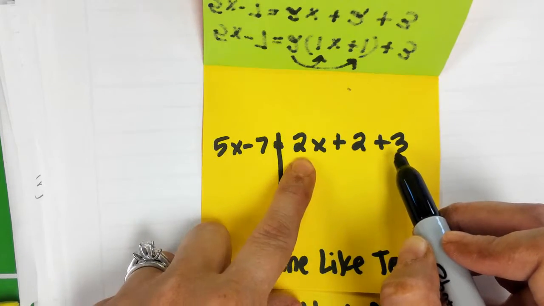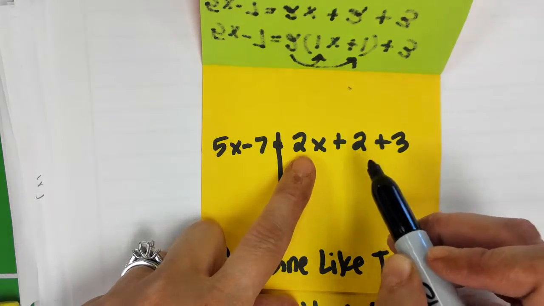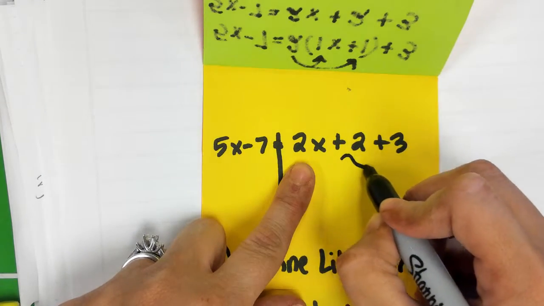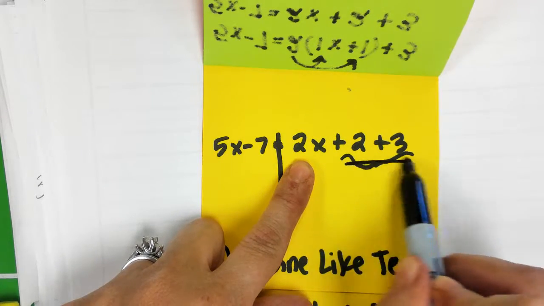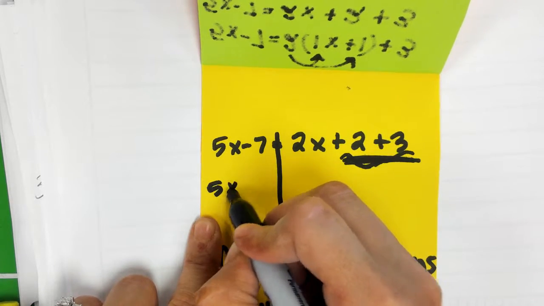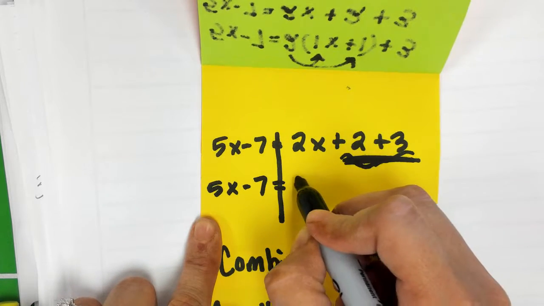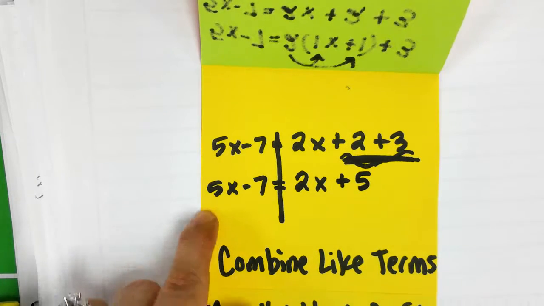And I'm going to look on the right side and see, is there anything I can combine over here? Okay, the 2 and the 3. This I can put together. So now I'm going to make this 5x minus 7 is equal to 2x plus 5.